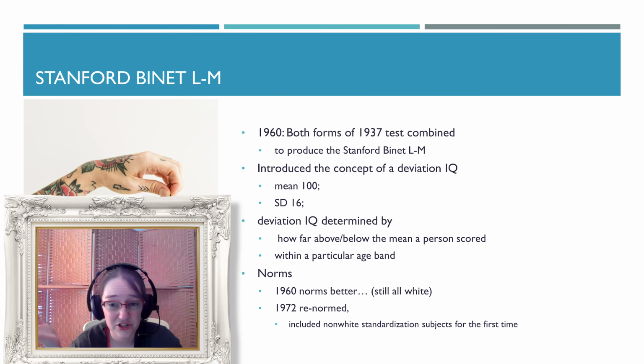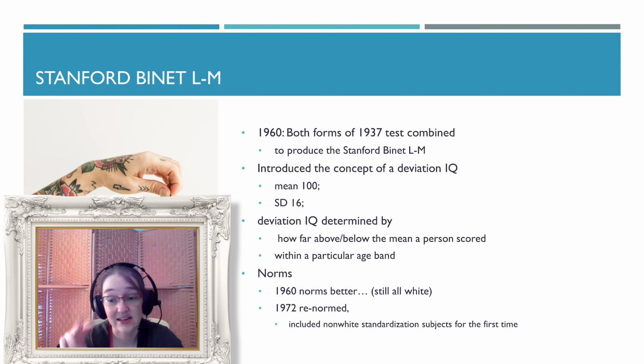For the 1960 version, they combined all the forms together because there weren't really any differences between the long and the medium form, and introduced the concept of deviation IQ. So I lied. They had the ratio in the 37 version, but not in the 60s, where they had a mean of 100 and a standard deviation of 16.